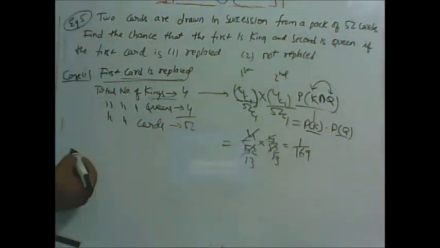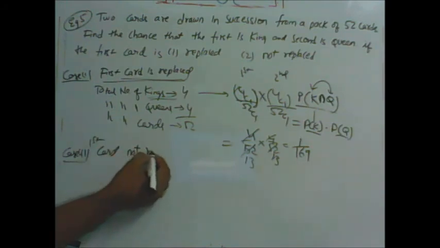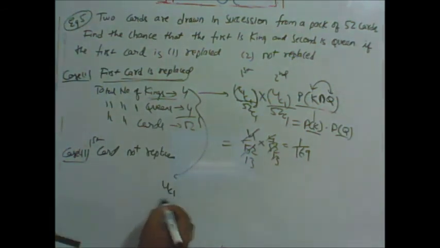Now the second case, case 2: the first card is not replaced. The data is the same here also, but in the first draw for king, probability P of K is 4C1 by 52C1.